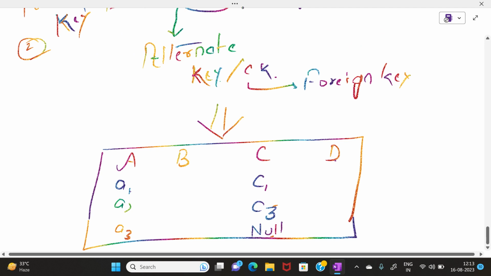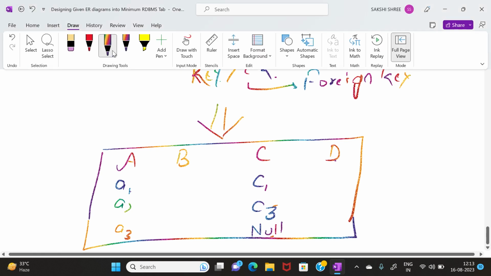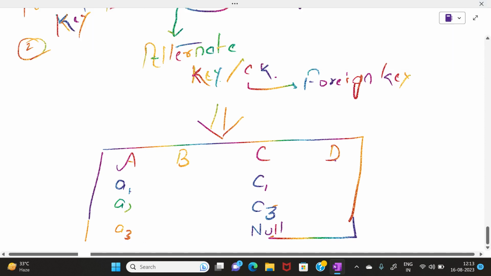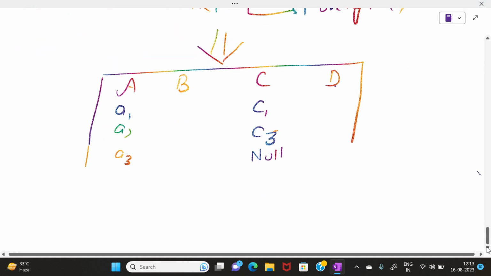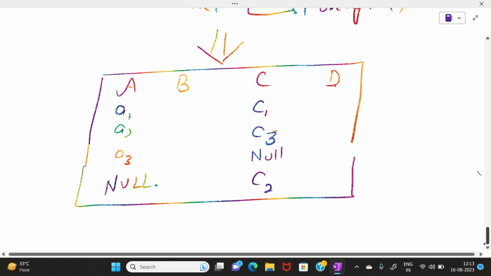Okay, and we have C2 relates to null. We will include that part, that C2 relates to null here, and we will be having some values for this.